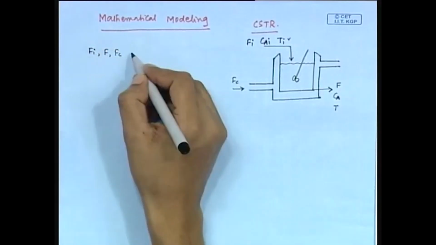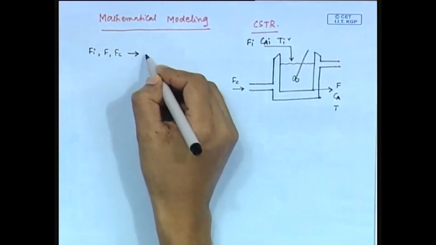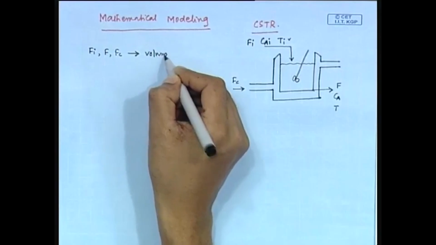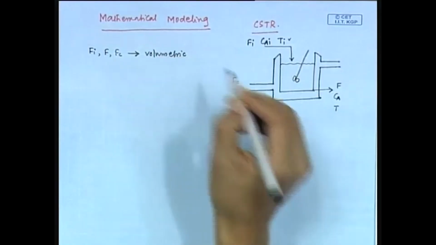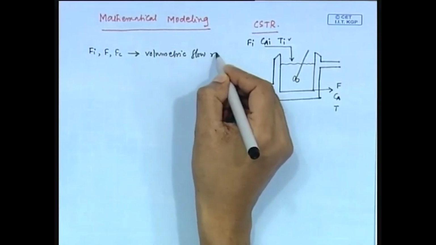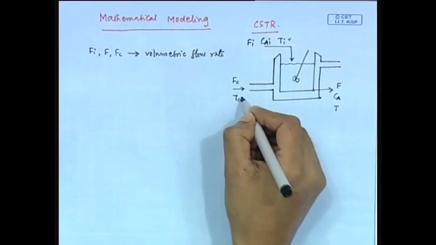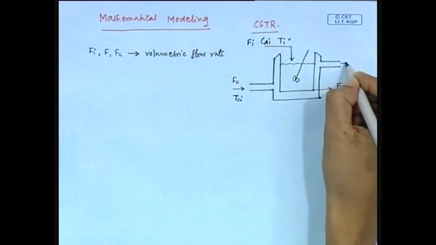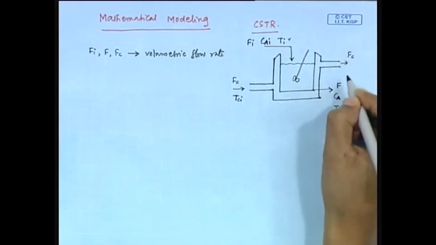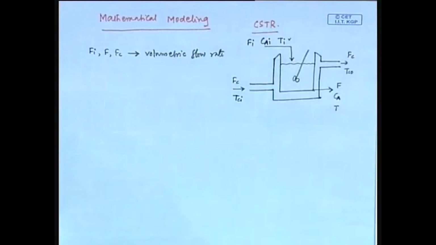All these flow rates are basically volumetric flow rates. Here the inlet coolant temperature is Tci, the outlet flow rate is Fc and the outlet coolant temperature is Tco.